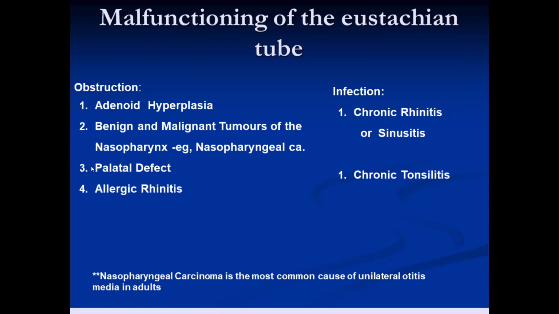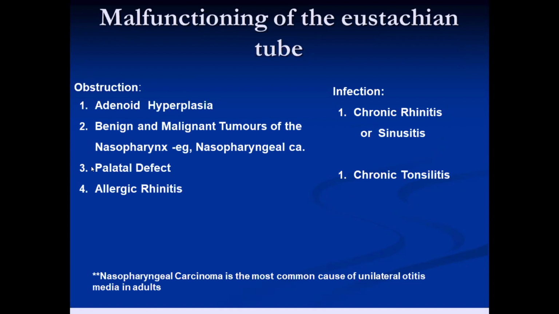Eustachian tube malfunction may arise from other means as well, because kids with adenoidal problems can get eustachian tube dysfunction. If the adenoids are enlarged, and if you remember, the adenoids are in the back of the nose, actually in the vicinity of the eustachian tube, whereas the eustachian tube opens on the posterior lateral wall, the lateral wall of the nasopharynx.